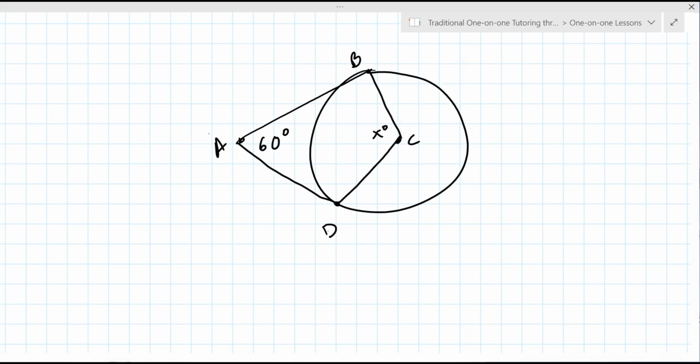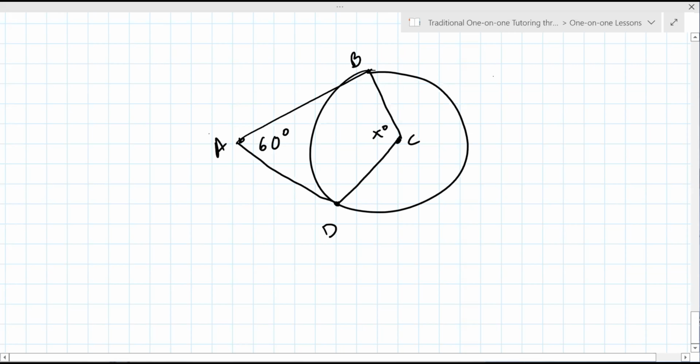Under that P, D. Is A 60 degrees? Yes. Would X be 120 degrees?